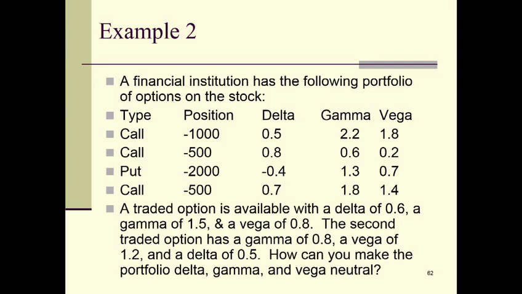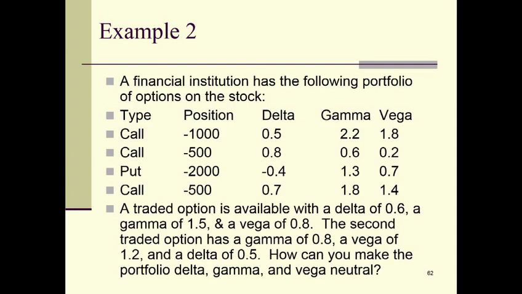Now, with delta hedging, you only use the underlying, right? You only use the stock. Now, when you hedge any other Greeks, in addition to delta, if you were to hedge gamma, vega, or rho, or whatever Greek you hedge, you no longer can use just the stock. You have to use additional options. Okay, so this is a bit more complicated.